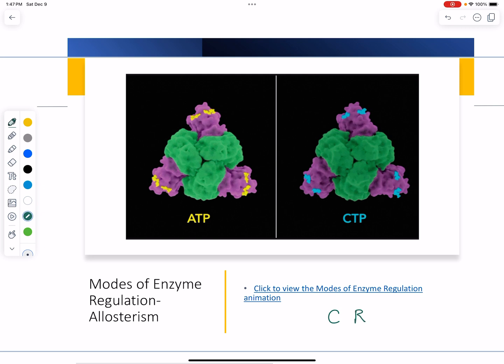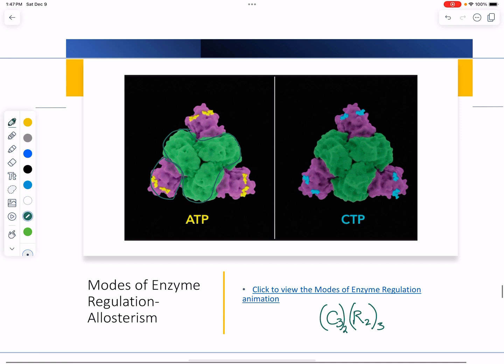It has 6 of each, but it has 2 trimers, so C3 times 2, and then it has 3 regulatory dimers, which are shown in purple here.